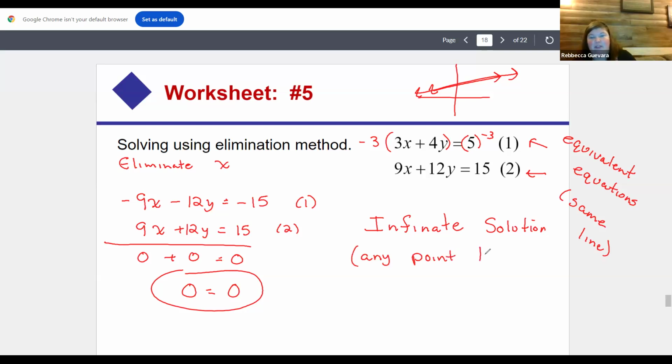So like I said, any point that is a solution to one line or equation is a solution to the system. So this is a little different than being all real numbers.